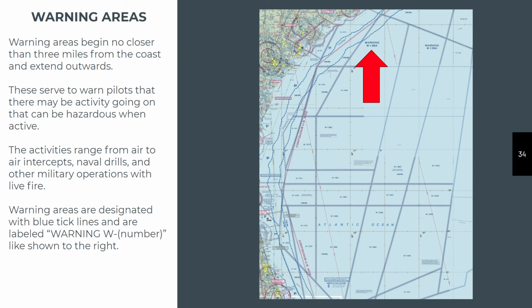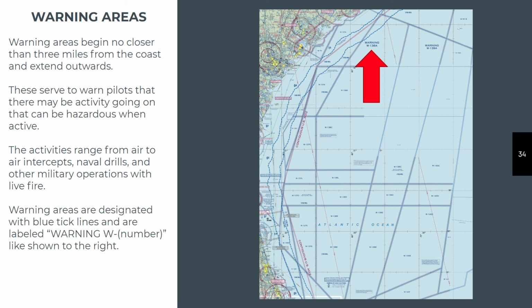Finally, you got these warning areas, and these are areas just to let people know that just off the seaboard, there could be activity going on here that may or may not be advised to an en-route controller. Typically, that could be airplanes firing missiles at drones or naval ships firing up from the sea to air with missiles.